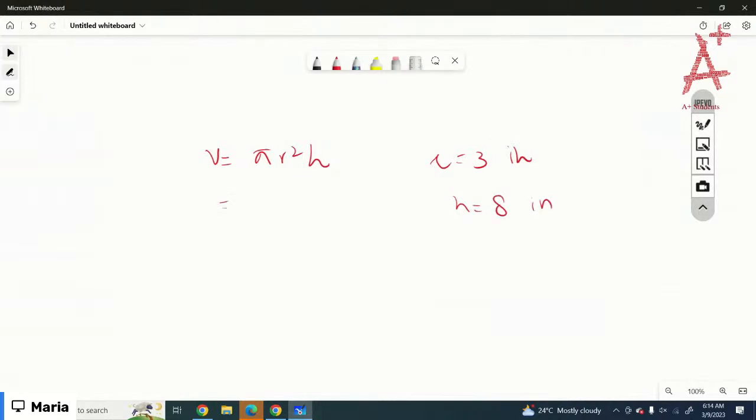Just replace all the variables with the values. Pi is 3.14, r squared is 3 squared, and h is 8. So let's multiply all the values. It would be 8 times 9 times 3.14, that is 226.08. So the volume is 226.08.